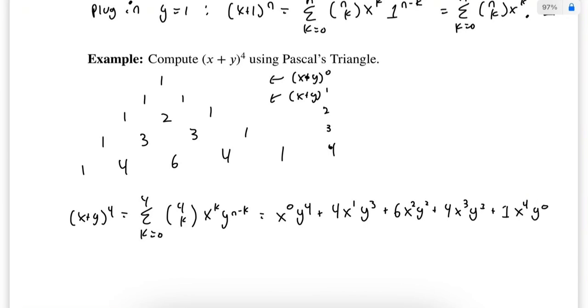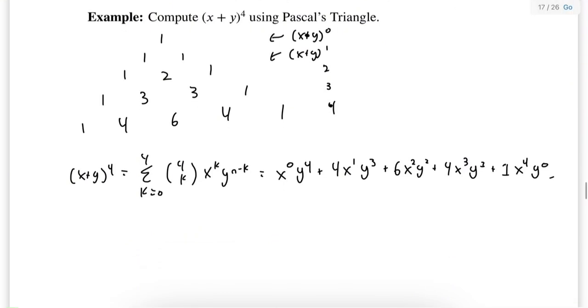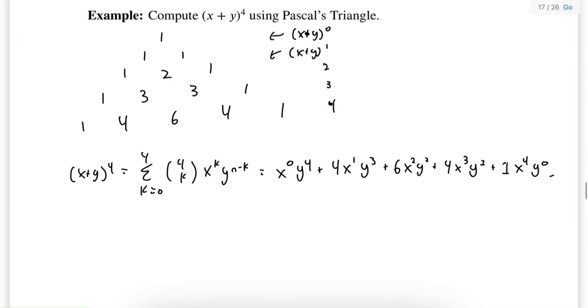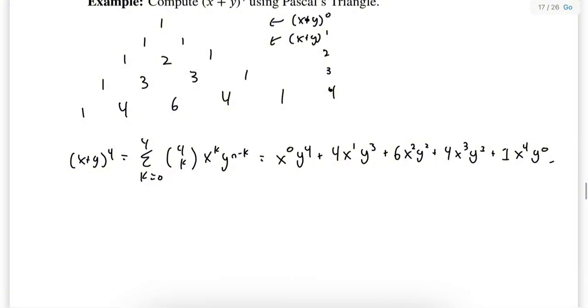Okay? So, okay, I messed up a little bit there, but I think you can still agree this is a lot easier than expanding things out by hand. And this gives you a very quick way to find out. For small powers of n, you can use Pascal's triangle to compute the polynomial in this way, right?